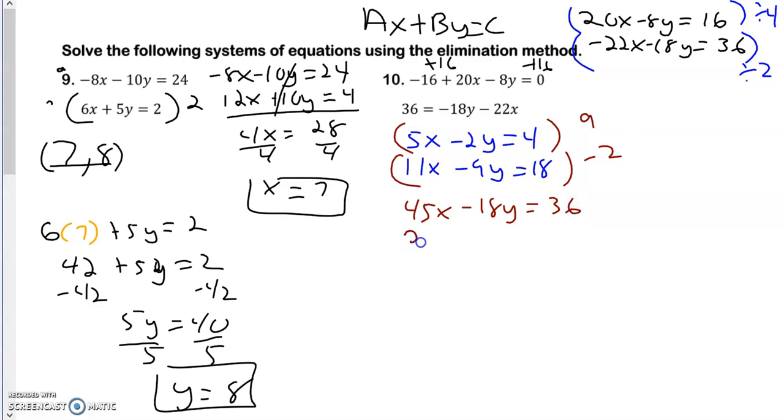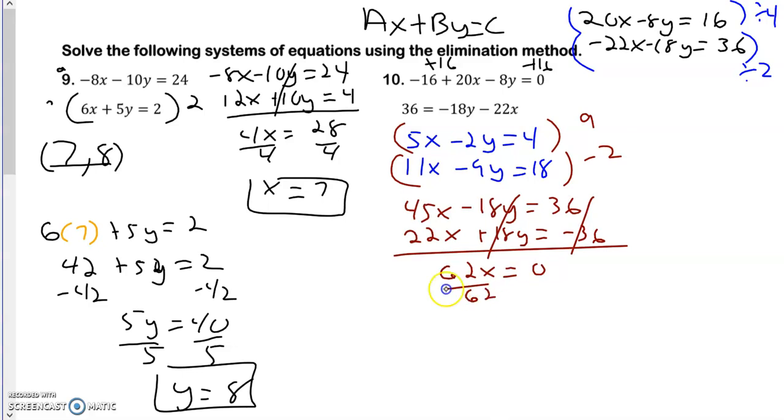And over here I'm going to get 22x plus 18y equals negative 36. Well, I notice this cancels out, and I get 62x equals 0. Divide by 62, and x equals 0.